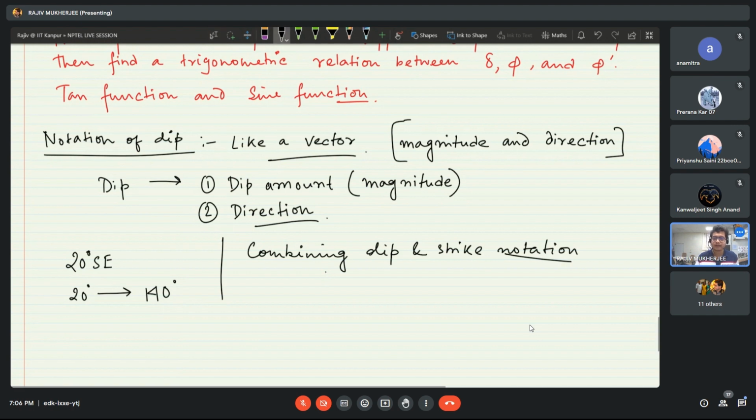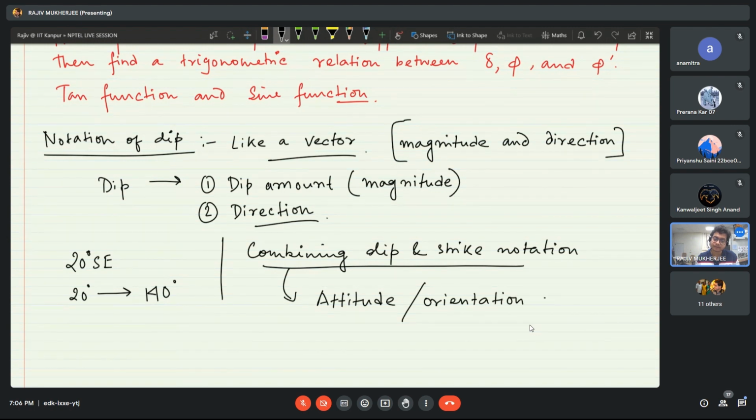So whenever we combine dip and strike, we get the attitude or orientation of a plane. Okay, so attitude of a plane would mean simply it has a dip and a strike.